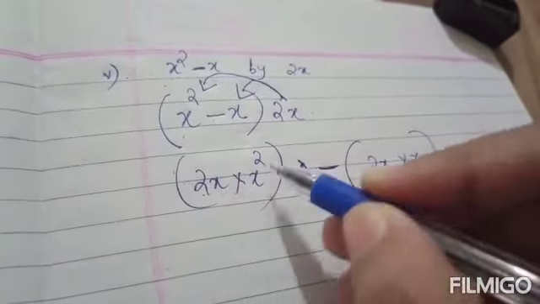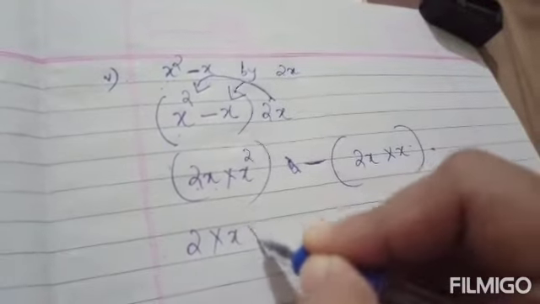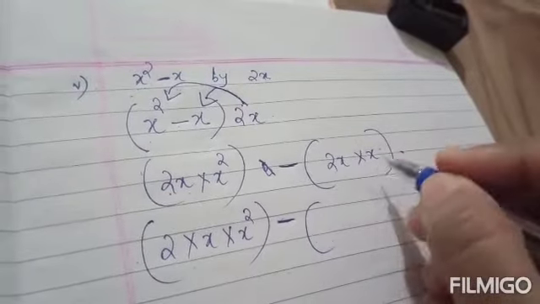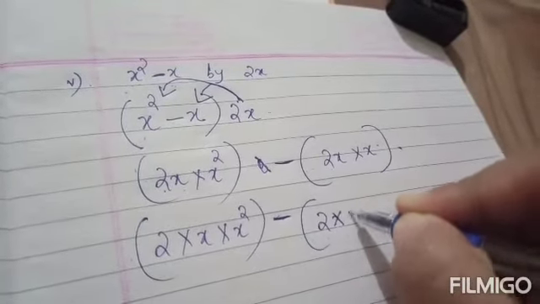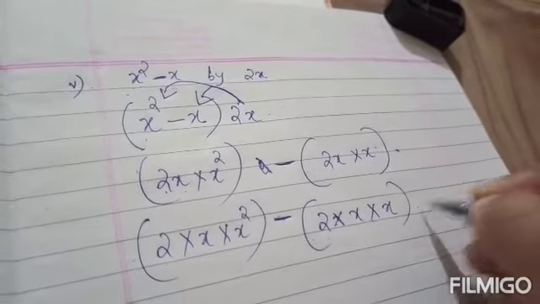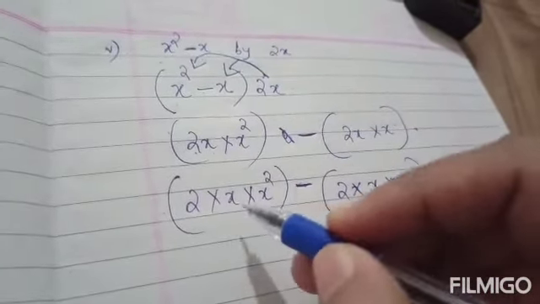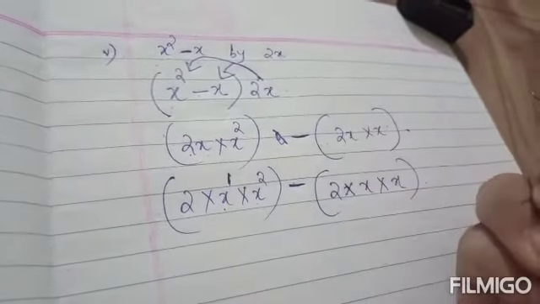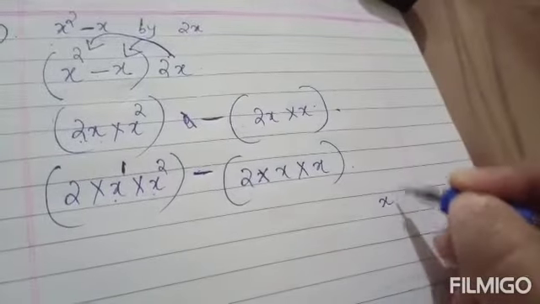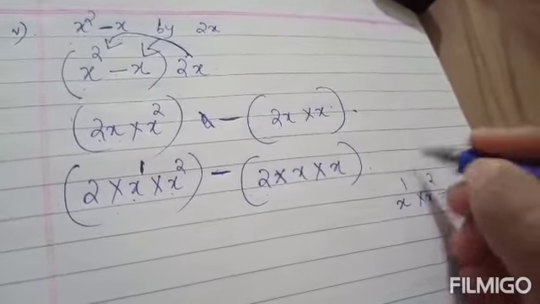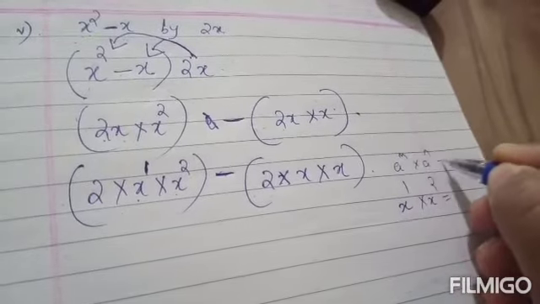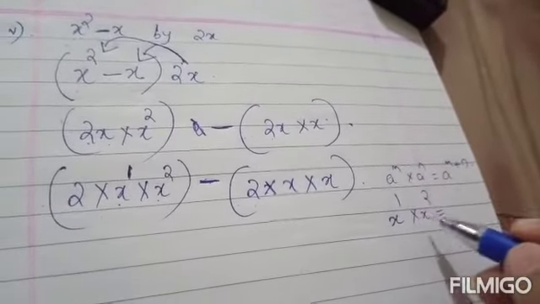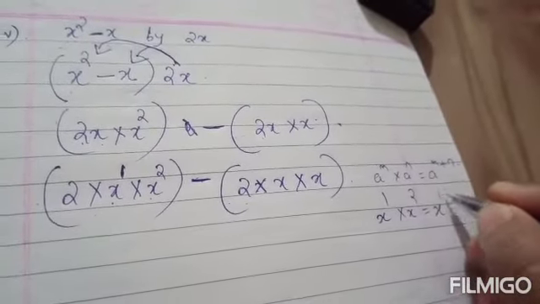Now 2x into x square, that is 2 into x square. Minus 2x into x, that is 2 into x. Now x into x square means x raised to 1 into x square. You know a raised to m into a raised to n equals a raised to m plus n, the product law. So x raised to 1 into x raised to 2 is x raised to 1 plus 2.